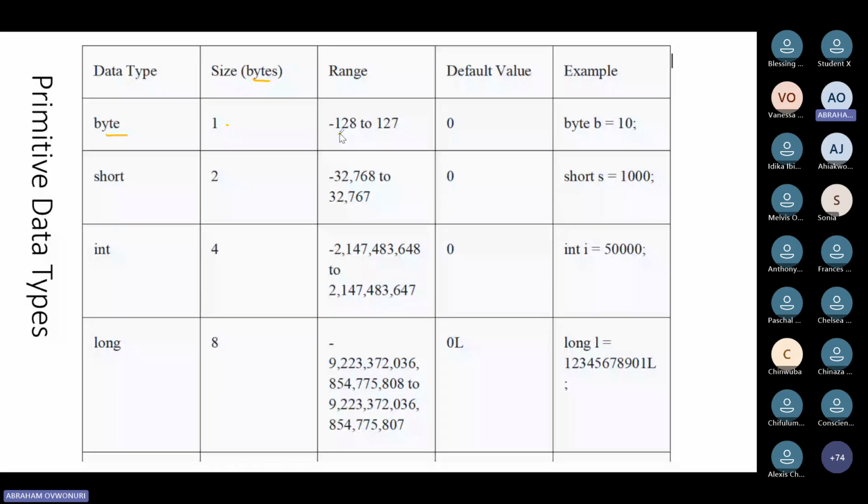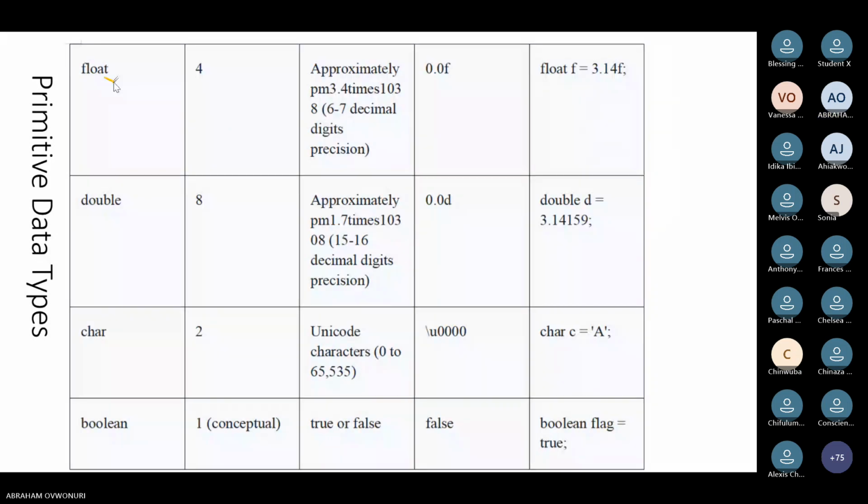Now, we also have a data type called short. As you can see in the table, int, long, float, double, char for character, boolean. Boolean always gives only 2 values, true or false. So for the primitive data types, the integer types are byte, short, int, and long.